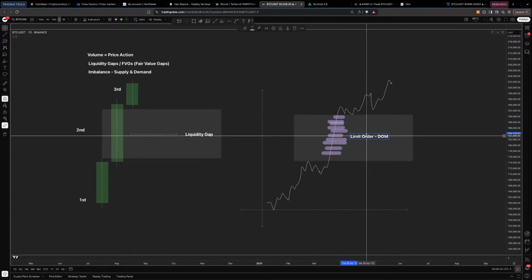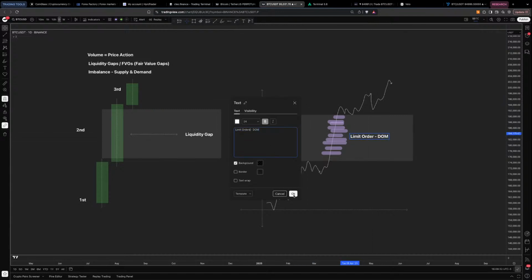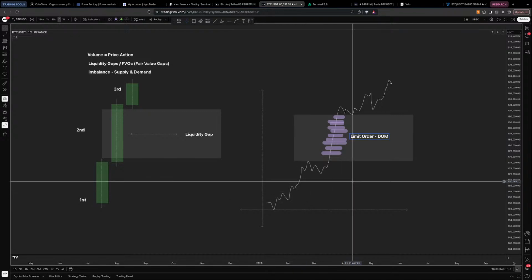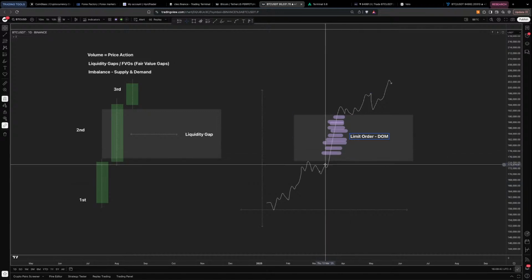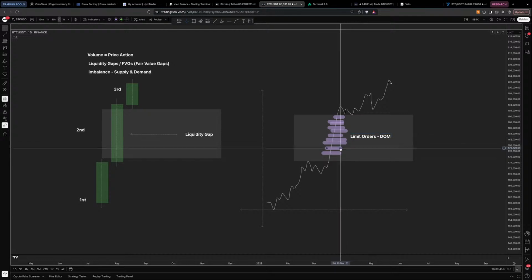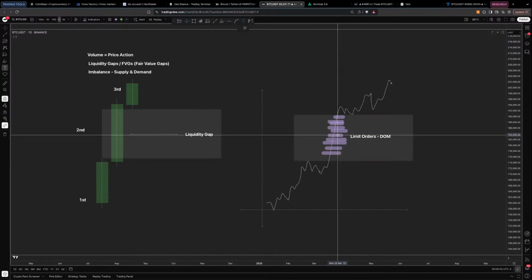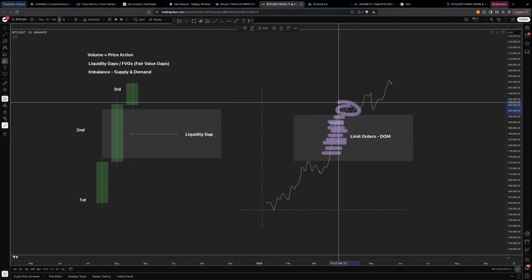So if there aren't enough limit orders to comply with the amount of demand that the asset is having right now, that means that price is just going to, you can call it whatever you want, but it's going to teleport from here to here, because there were not enough limit orders to fill the buy market orders that were happening in this moment on the order book.